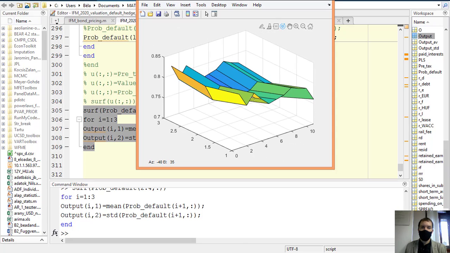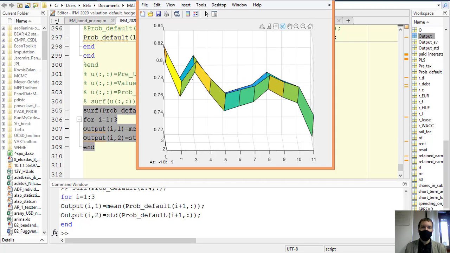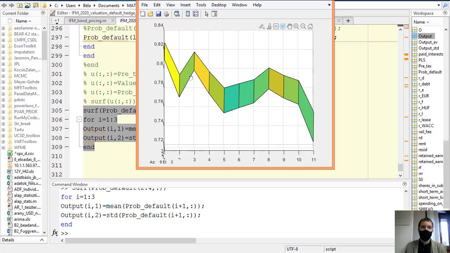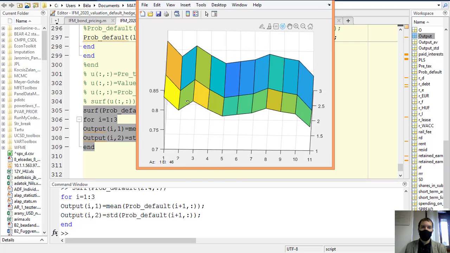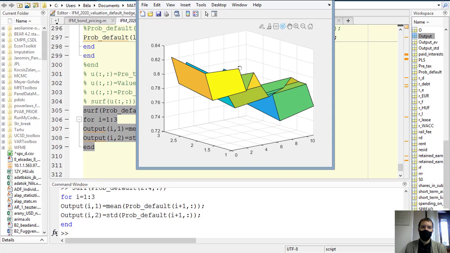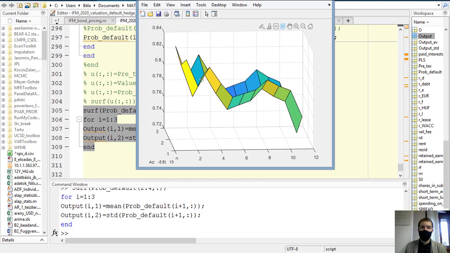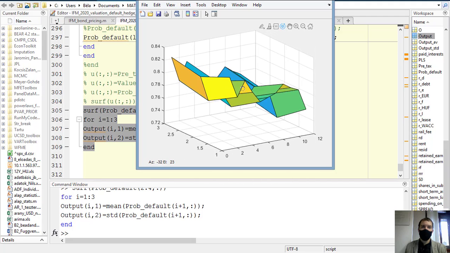Wow, it's strange. This is the Vectron, this is the Skoda, this is the Transmontana. And since it's expensive, it provides a higher probability of default at the beginning, at strong forint.